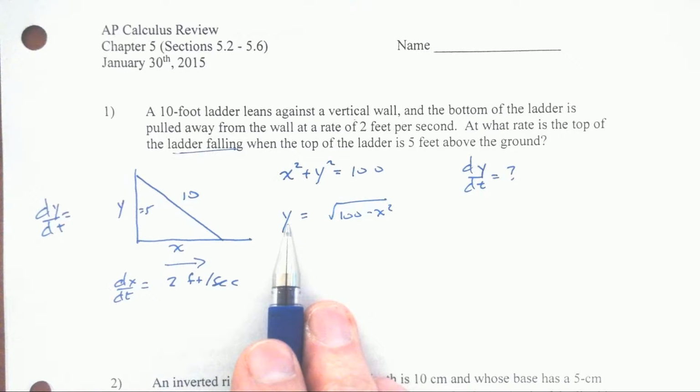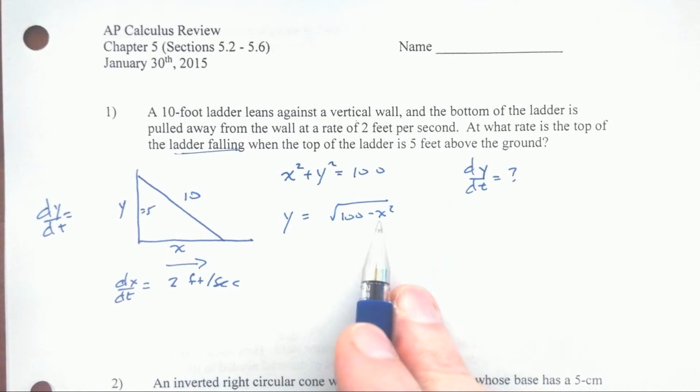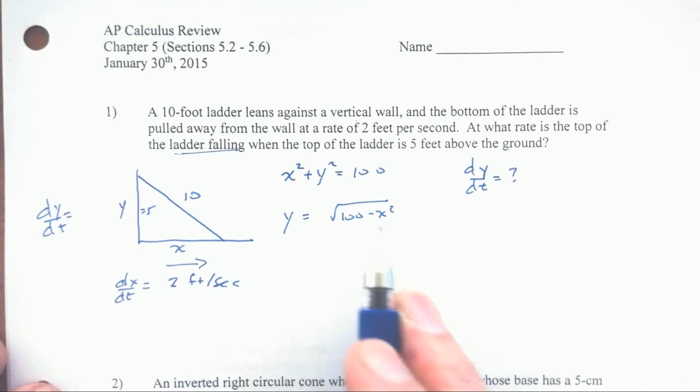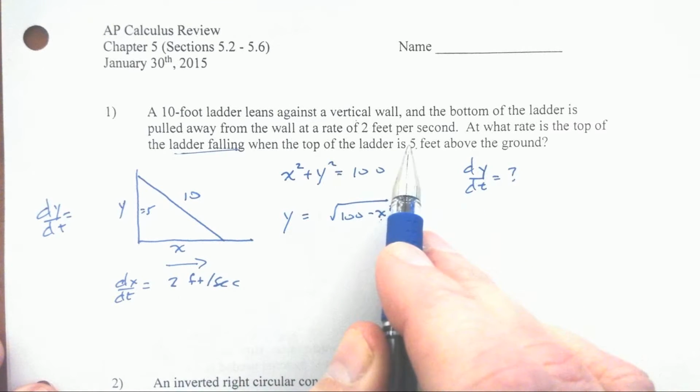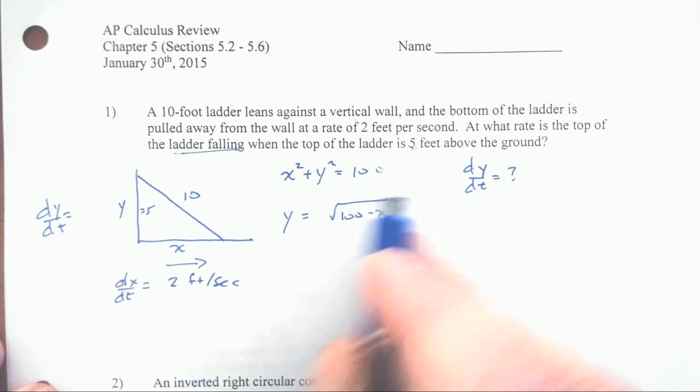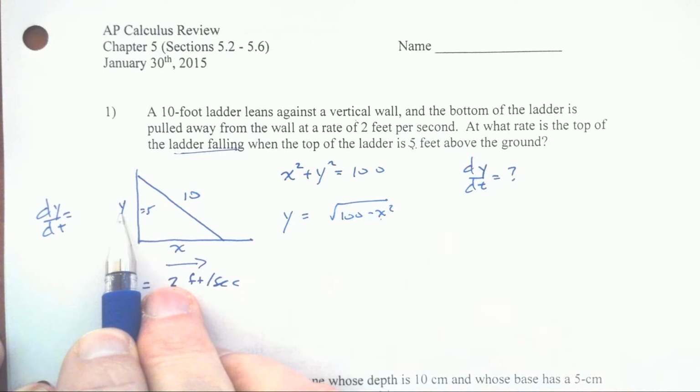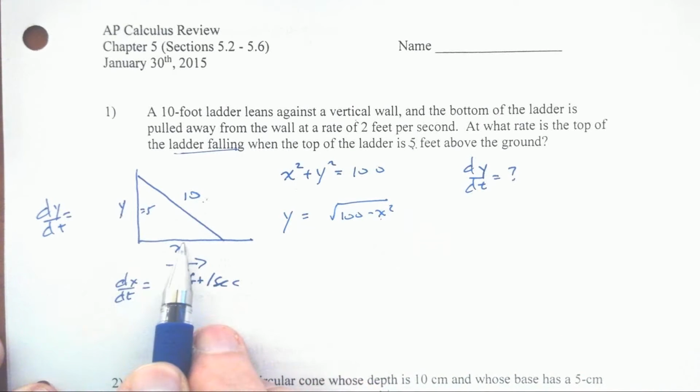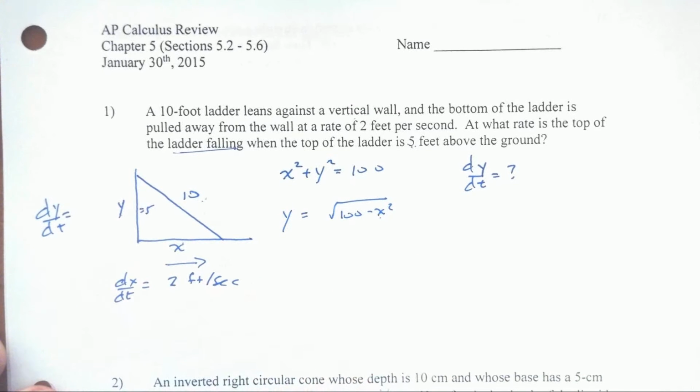I'm going to get dy/dt. That's wonderful. Some form of x is going to survive this derivative process, but I'm also going to get a dx/dt. Well, when the ladder's 5 feet above the ground, I'll know what y is. If I know what y is, I can find out what x is. So I think we're going to be in good shape here.